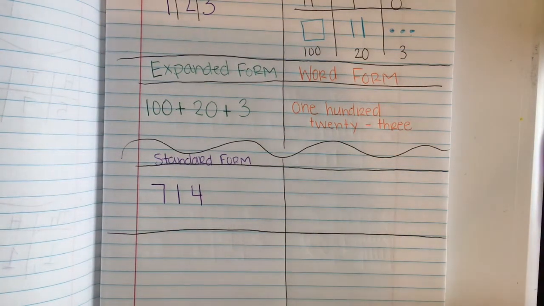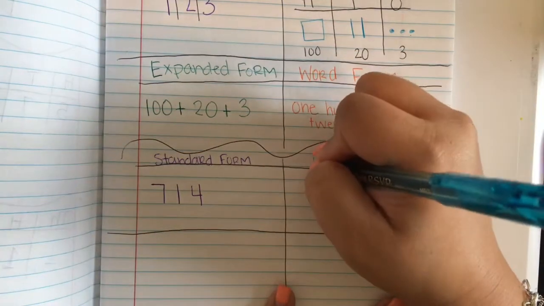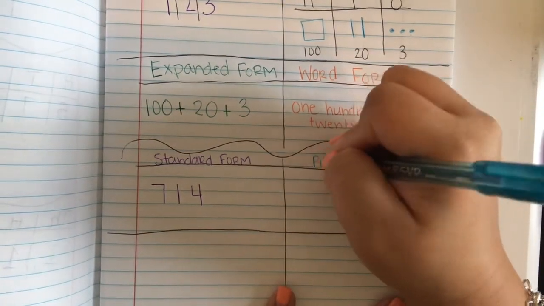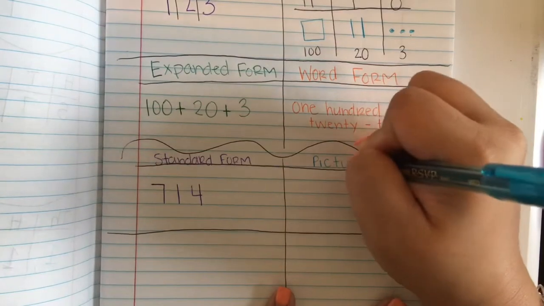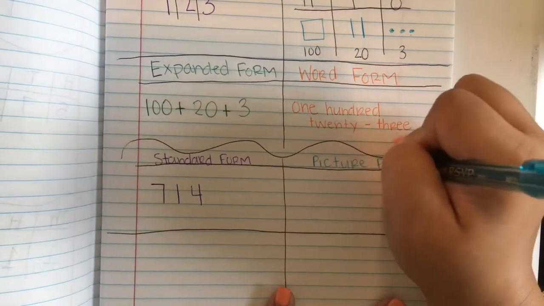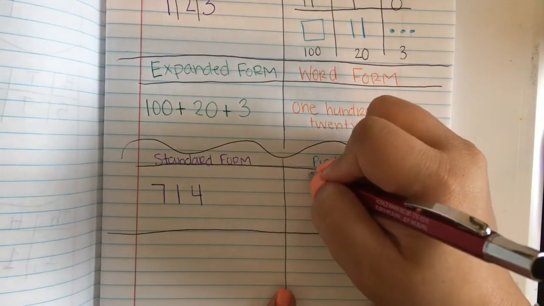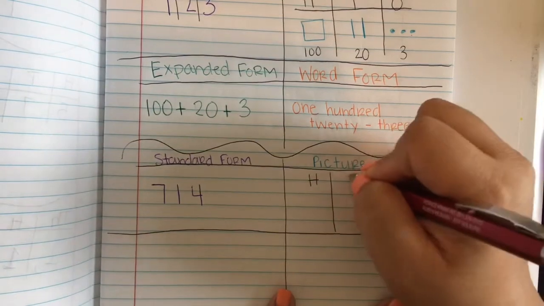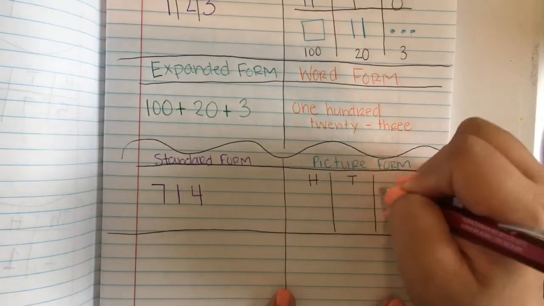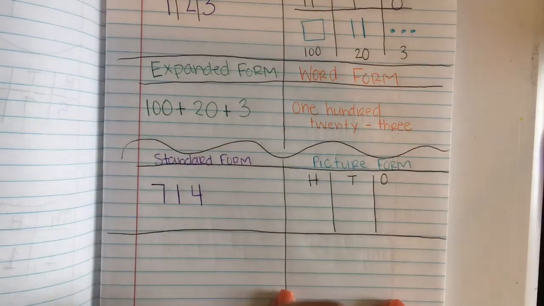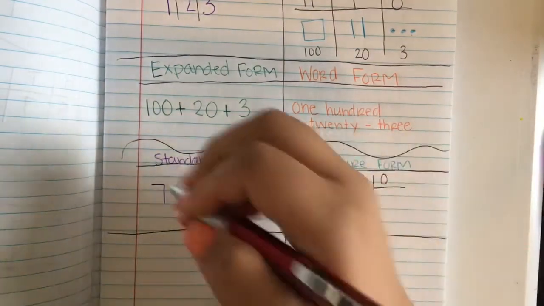Next is our picture form. Now remember, we need our place value chart. It's a 3-digit number. So hundreds, tens, ones. And then don't forget to do it right here.